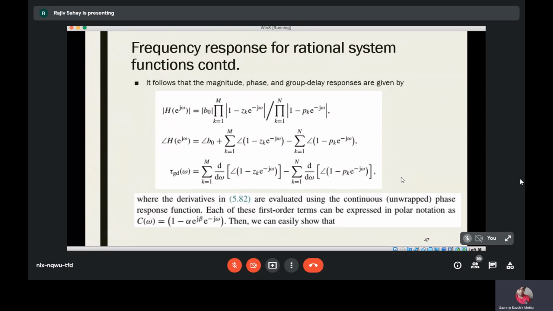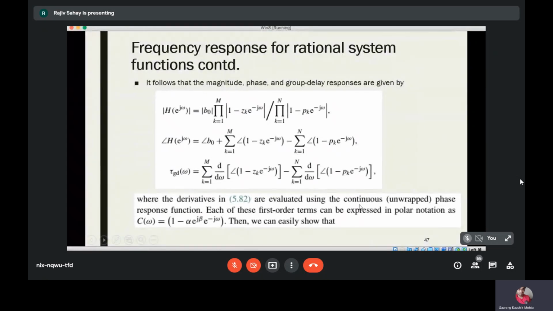At minus 2 pi, you will have a discontinuity of minus 2 pi, and at plus 2 pi, a discontinuity of plus 2 pi. If you discard those discontinuities, you get a smooth function, which is the unwrapped phase response function.